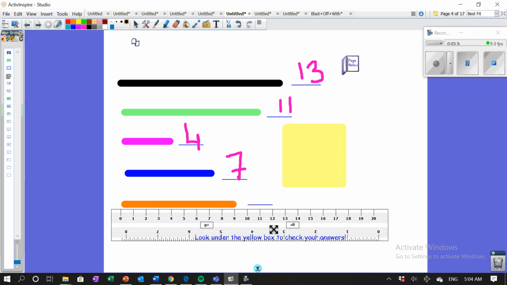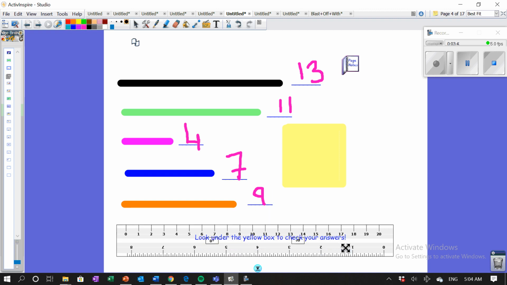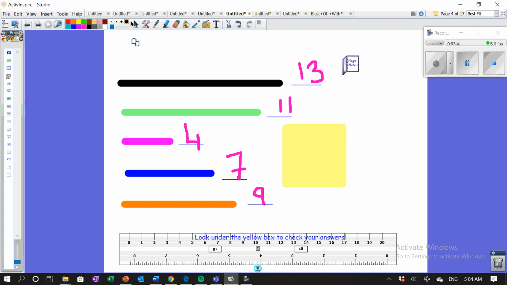And here for the orange one, amazing, it's about 9. Let us check our answers by removing this paper. Are you ready? Perfect. Let's see. Black 13, right. Green 11, purple 4, blue 7, and orange is 9.